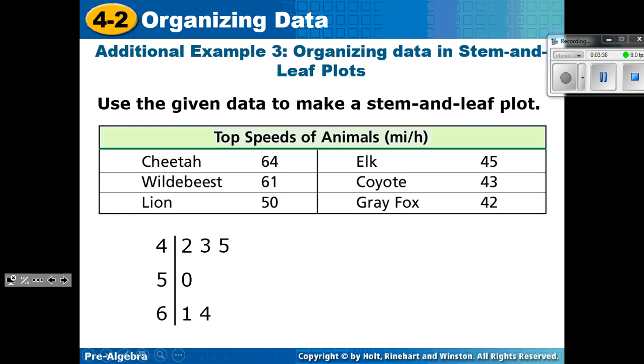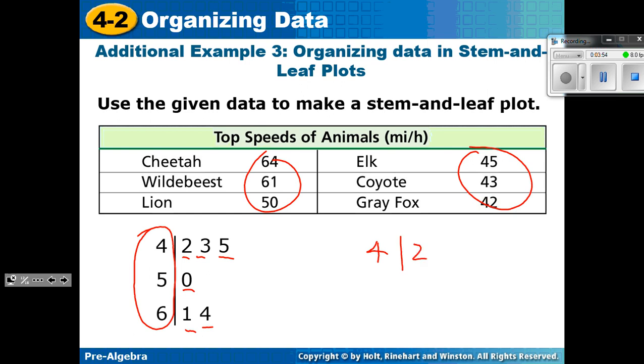So we've got 40s, 50s, and 60s here, and then the ones place for each item in your data set. Would have been good to have had some sort of a key, such as this.